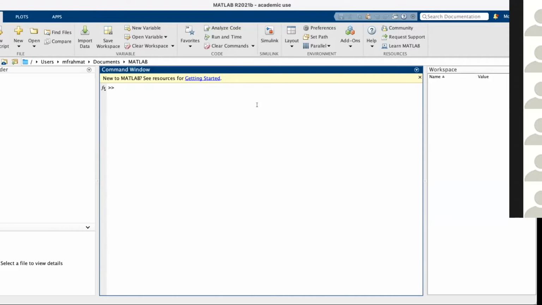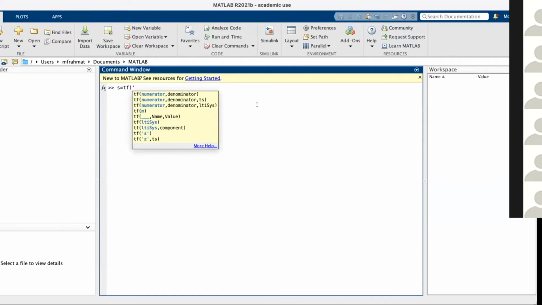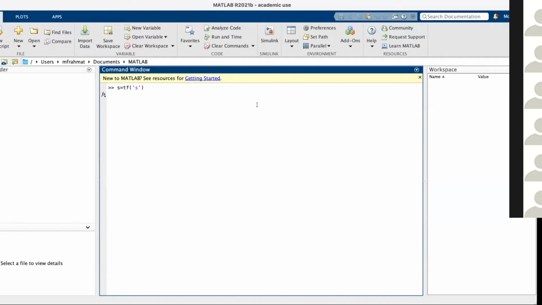Amri, macam mana nak plot? S sama dengan TF bracket S, okay. Amri bacakan G dia tu.